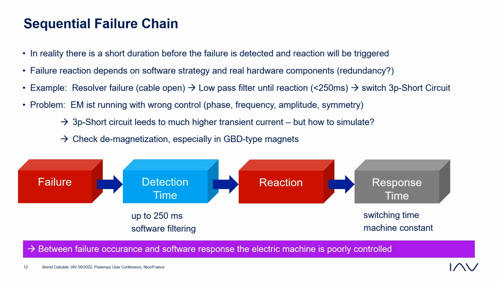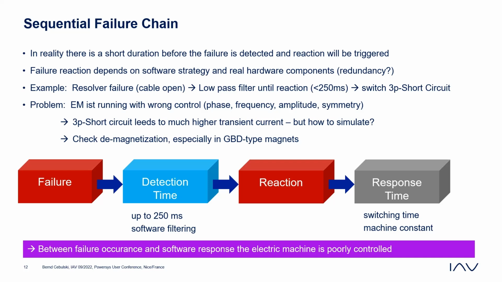It can be as high as 250 milliseconds, which is the value of a real requirement catalog for a resolver failure, for instance, which is not so easy to detect. Of course, if you had a disconnected phase line, this could be easier, or the reaction time is much shorter than that. But still, you need to simulate that. And then you have the response time if you switch until the system reacts. Of course, this can also be simulated.